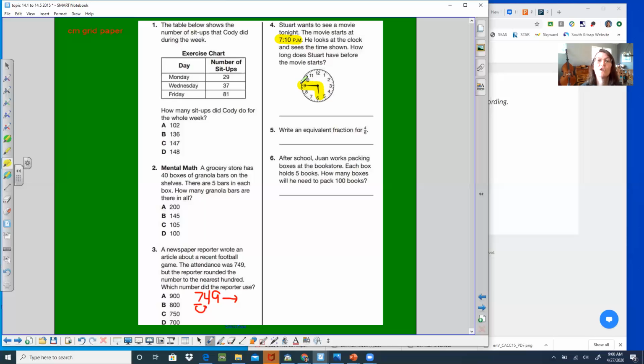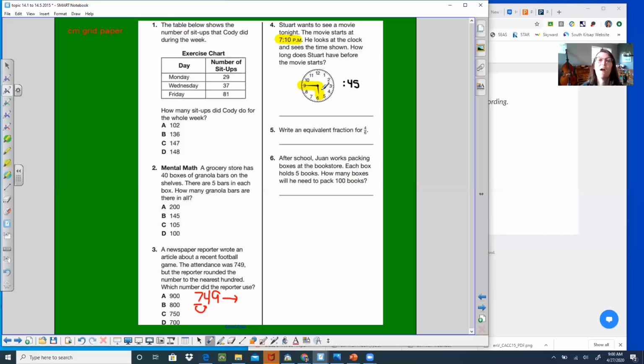It's easiest to start here with how many minutes. So it's at the 9, so if I count by 5s, 5, 10, 15, 20, 25, 30, 35, 40, 45. It's 45 minutes after. Also can be thought of as 15 minutes till.